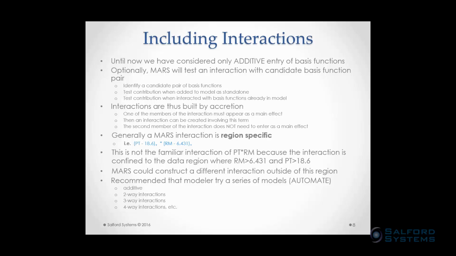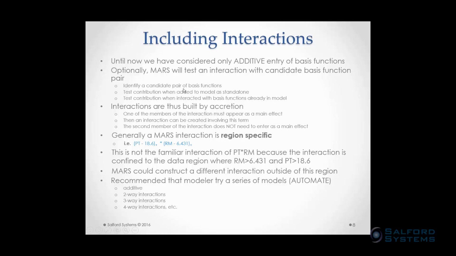Finally, we talked about interactions. So last week we only incorporated nonlinearities because that's the default here. And this week I talked about including interactions as well. So it increases the complexity, but we did see a higher accuracy. So what happens with including interactions in MARS?